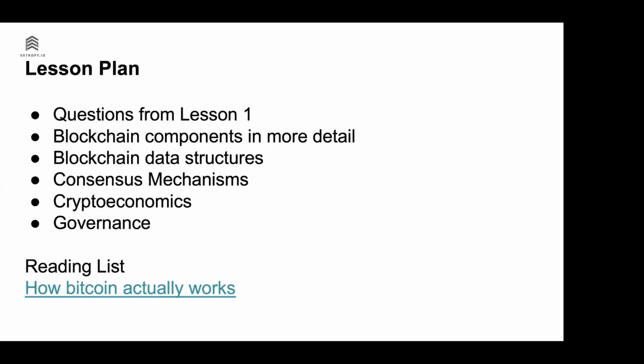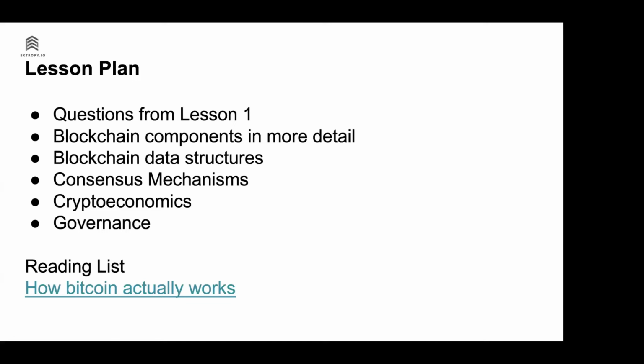Then we'll discuss consensus mechanisms and how block production happens and how blockchains come to agreement about the state of the system. And we'll finish off looking at a couple of areas which you may not have come across, but are quite important when you're thinking about blockchains.